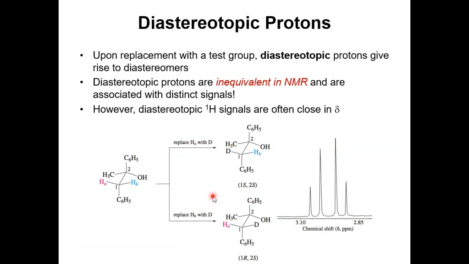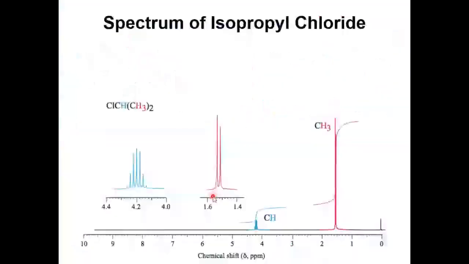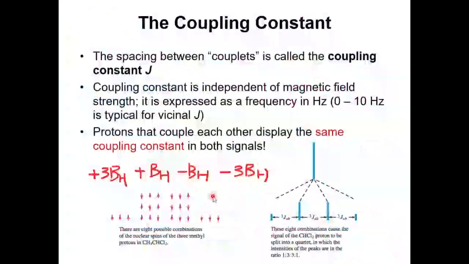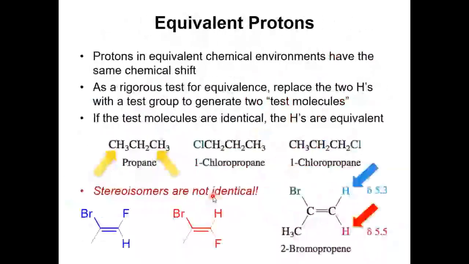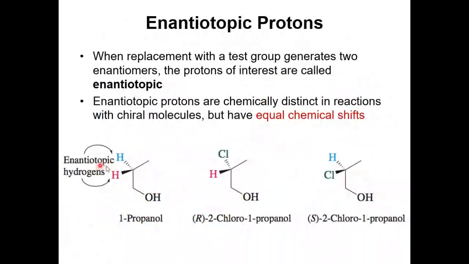And the other thing is, we have seen that enantiotopic protons means the replacement of the proton in question can generate a pair of enantiomers. I think the example we have seen here. And enantiotopic protons have the same chemical shift value.